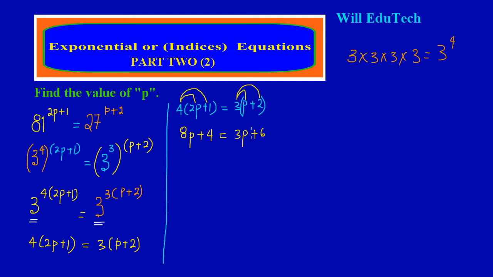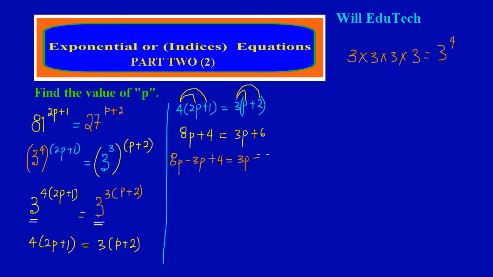So basically by transposition, if you notice, 3p is positive on this side. So when I take it over to my left hand side, it's going to become negative, okay? So I must subtract 3p from both sides of my equation. So I'm going to say 8p minus 3p, and I have a positive 4 there, so I'm just going to write that back, is equal to 3p plus 6.